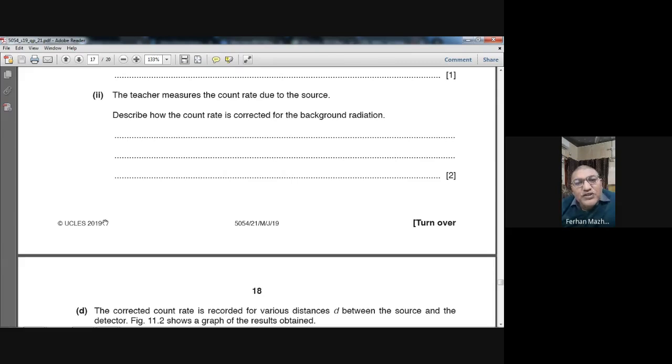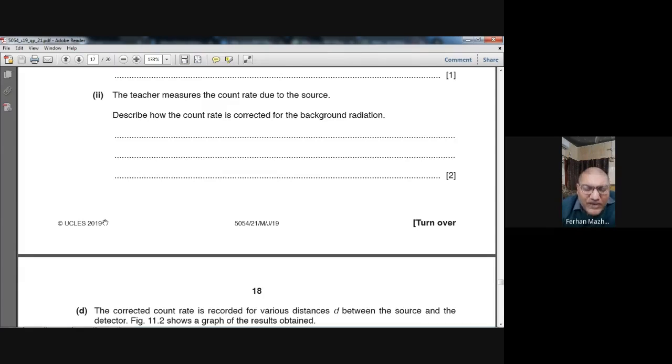Then you put the sample in front of the GM tube and you take the reading of the sample. For example, the GM tube tells you that the reading is 350. Now, this 350 also includes the background. So if you want to find out the reading purely, you have to do the calculation yourself.